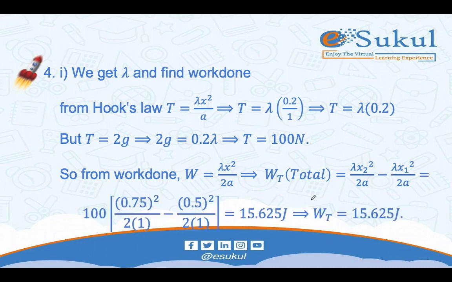So at x2, we can see on the slide, we have 100, since they have a unique modulus of elasticity. Having the simplification done, we then have the total work done as 15.625 joules. So our found lambda will be 100 Newton, and our total work done becomes 15.625 joules.